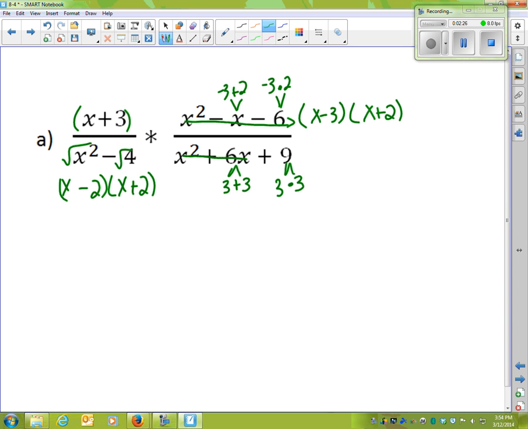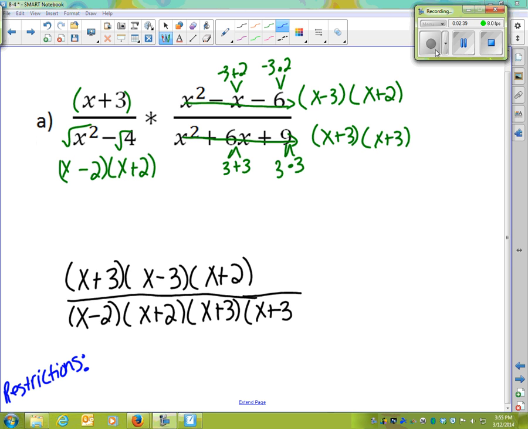So this trinomial factors into x plus 3 times x plus 3. So let's rewrite this all as a single fraction. Here, everything is written as my single fraction, all my numerators and my denominators.